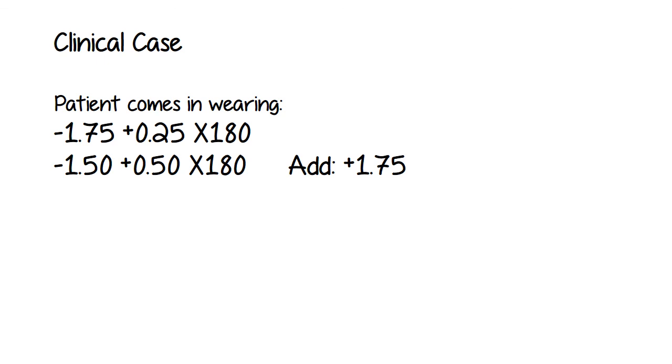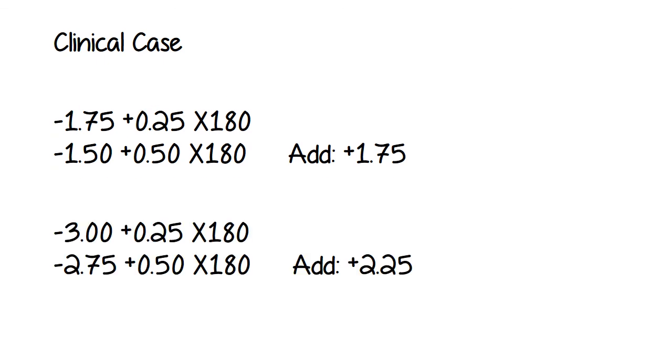So upon refraction, we decide we can now prescribe a much stronger distance lens. So now we give him a minus 3 plus 0.25 at 180 and a minus 2.75 plus 0.50 at 180. And we up the add power to plus 2.25.